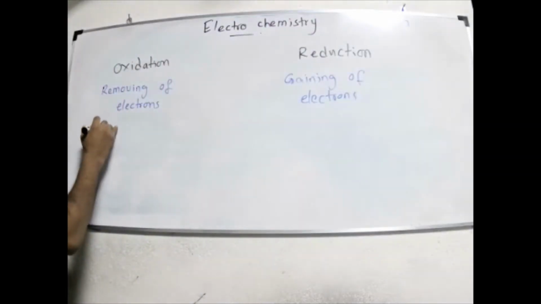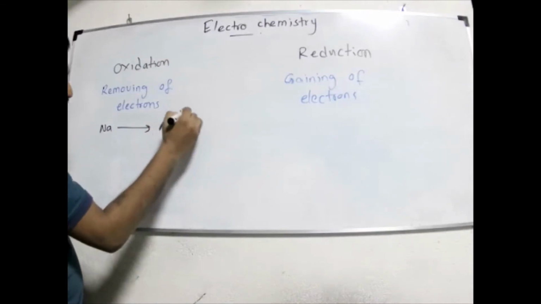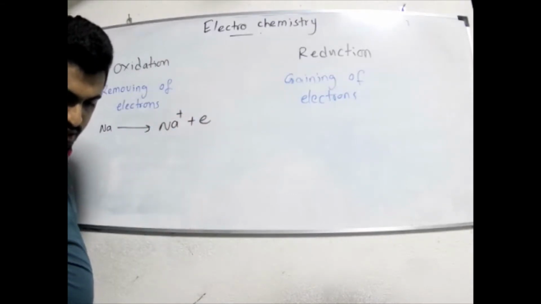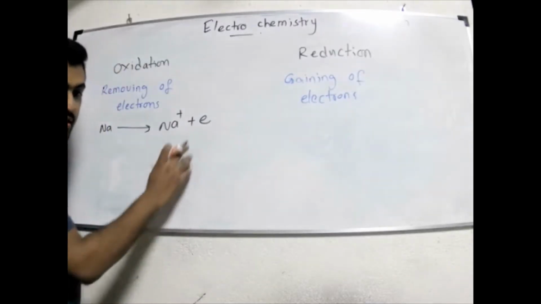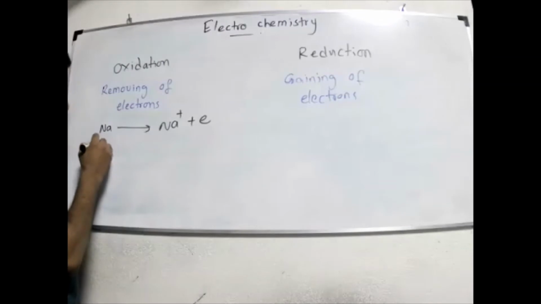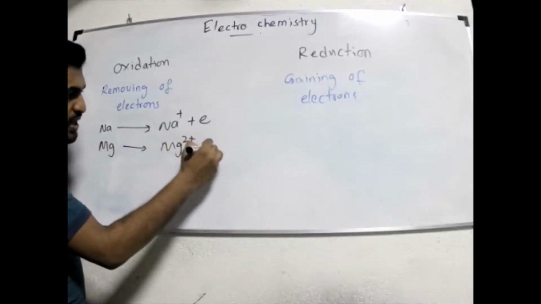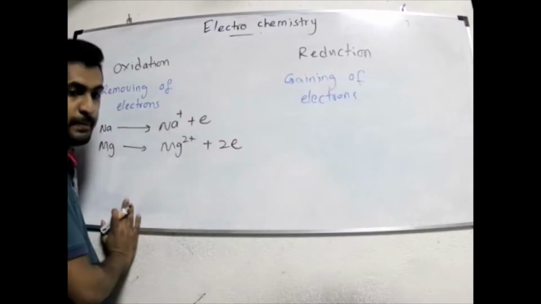Example, sodium removes one electron and makes Na+ ion. If it is magnesium, it makes Mg2+ by removing 2 electrons. This lesson is really important.